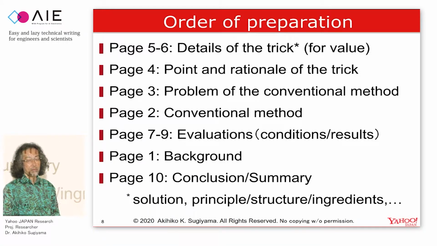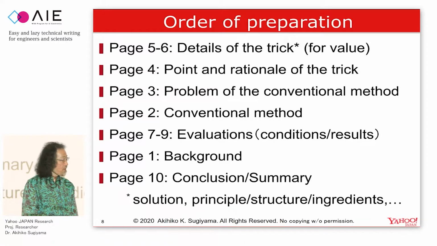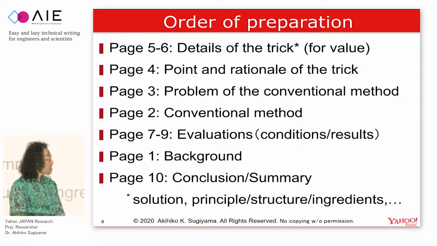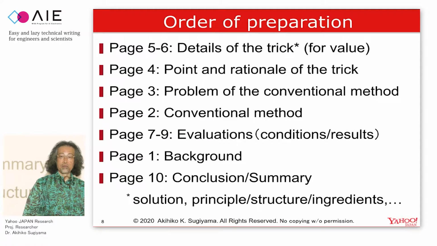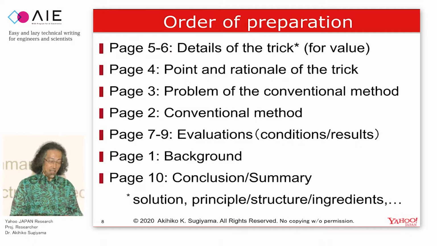What kind of problem or problems has it solved? On pages 7 through 9, you will put evaluations, including the conditions and also the results. This is very important. Now it's time to go back to page 1, where you will describe the background of the research, because this is the most difficult part, even though you may not think so.